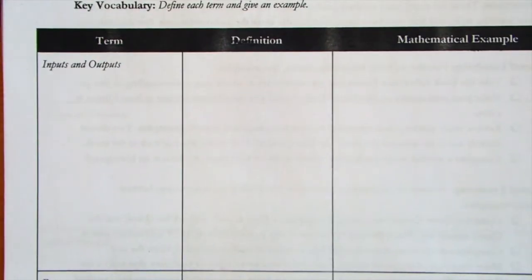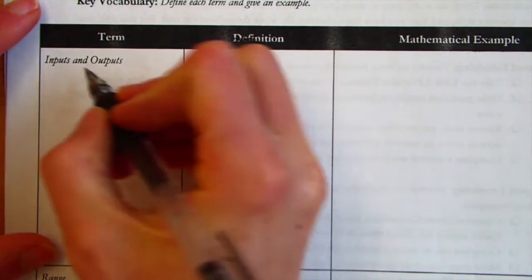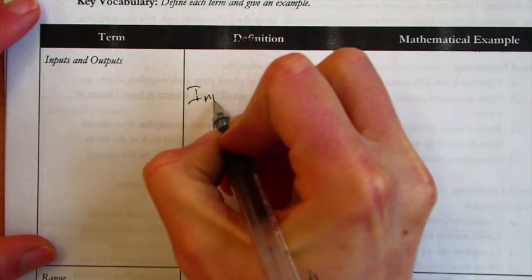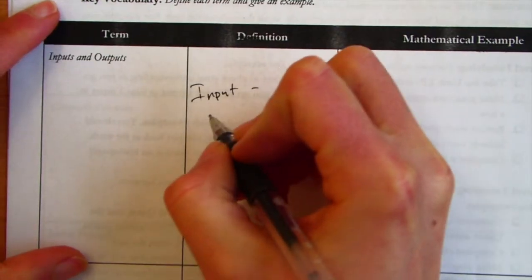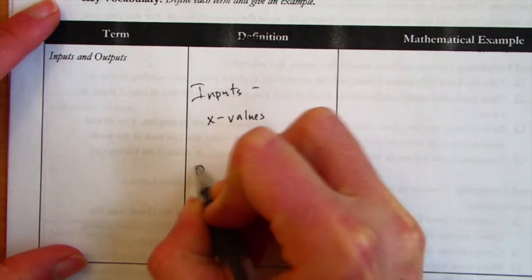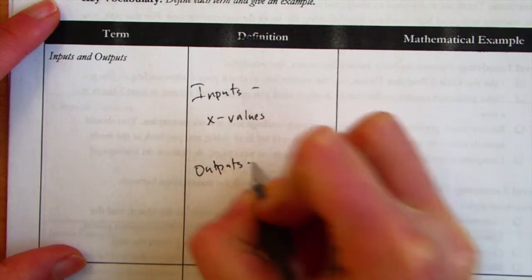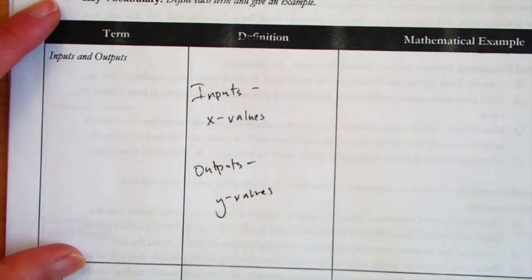So inputs and outputs, kind of the foundation for this whole unit. Every other definition includes inputs and outputs in its definition. So an input is going to be X values, and outputs are your Y values.